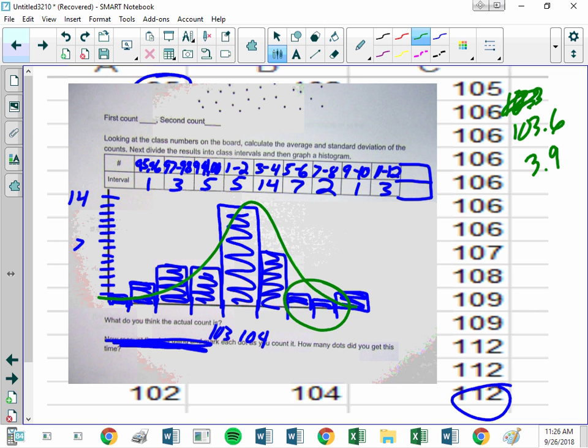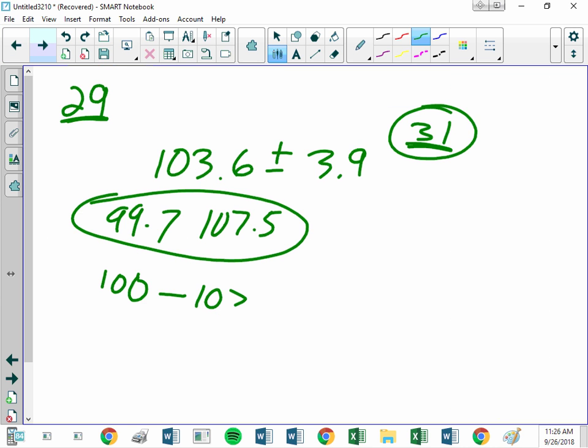Okay, so the next question. How many of the class counts would you expect to be larger than 2 standard deviations from the average? How would you figure that out? How do I create an expected class count that is larger than 2 standard deviations from the average?